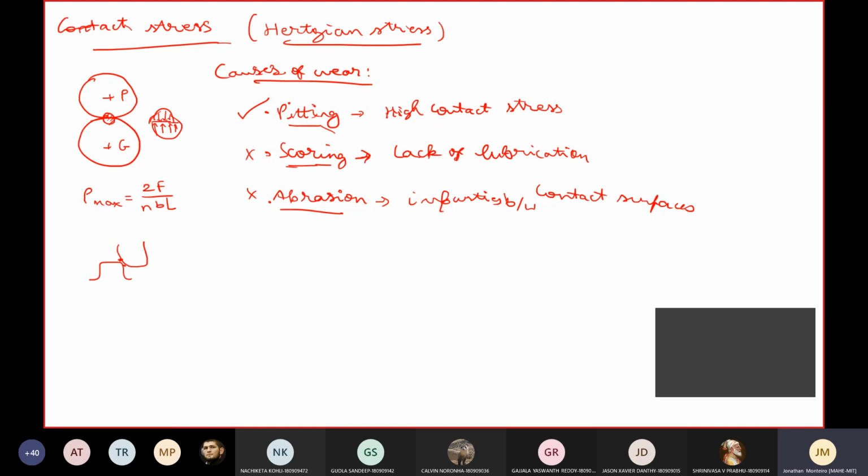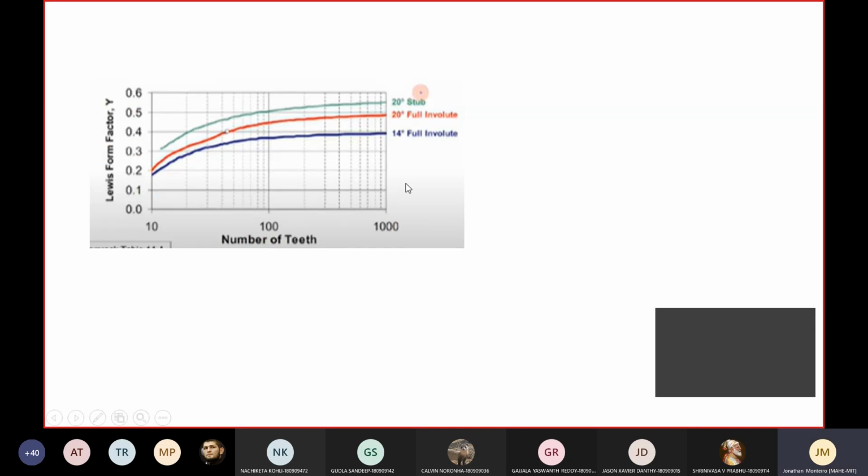A little bit about what are the different teeth that are involved. As you can see, there are different types of teeth.